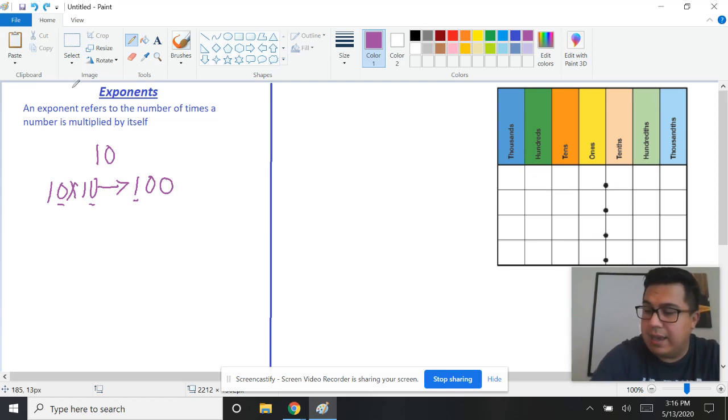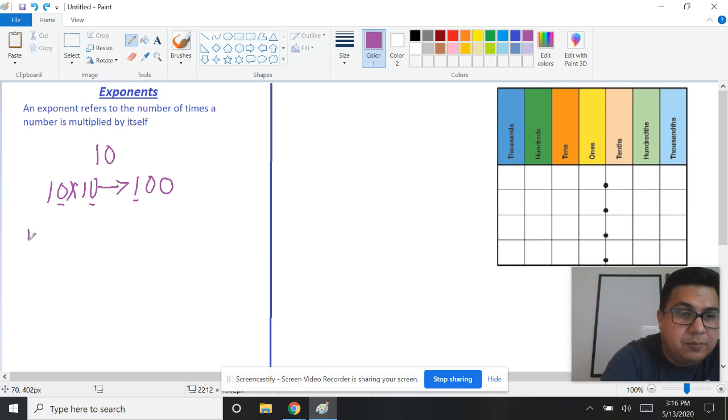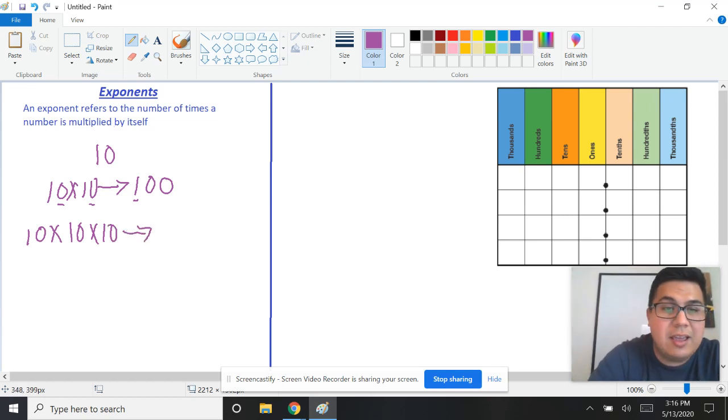And let's go ahead, what if we had this problem now? 10 times 10 times 10. Well, again, we can still use the same idea, right? 1 times 1 is really 1, right? And how many zeros do we have? 3 zeros. Okay. So it gets you 1,000.